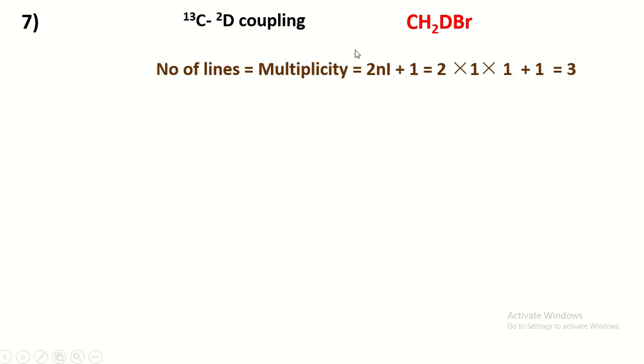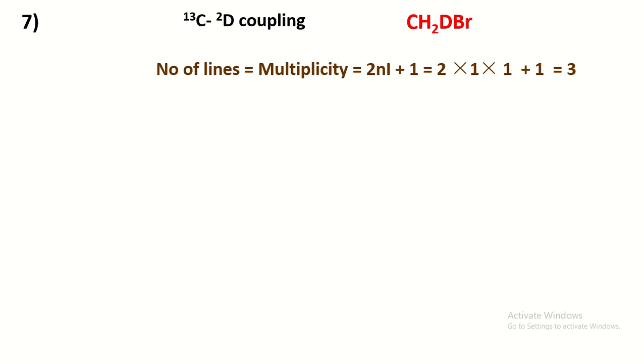Friends, now discuss the coupling between carbon and deuterium. Consider this compound, CH2DBr. We know that the spin quantum number of deuterium is 1. In this compound, only one deuterium is present. The number of lines, that is the multiplicity, is determined with the help of the 2nI plus 1 formula. N means the number of equivalent nuclei which can couple.